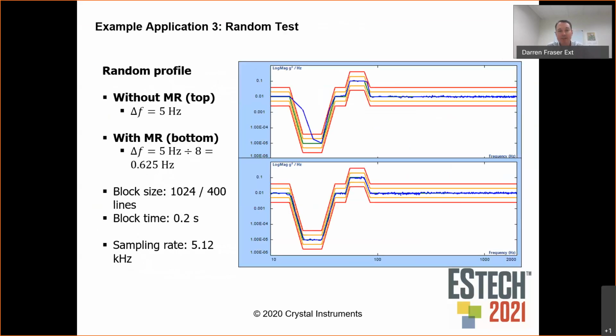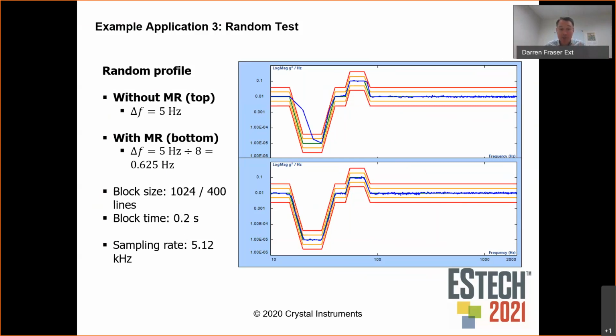So here on this same example of a random test, we can graphically see that if we just run a standard random test from 10 to 2000 hertz with a block size of 1024 and a frequency resolution of 400 lines, you're going to get a 5 hertz delta F, or a 5 hertz resolution across that entire spectrum.